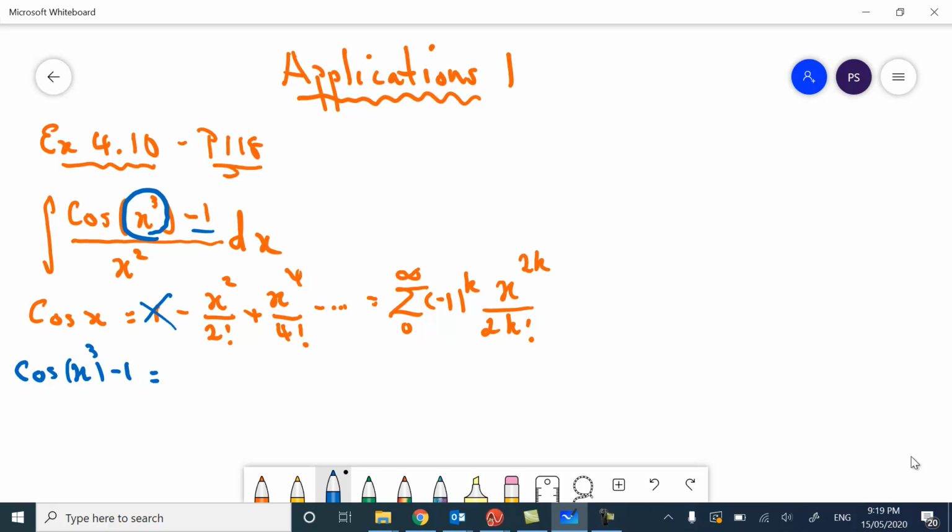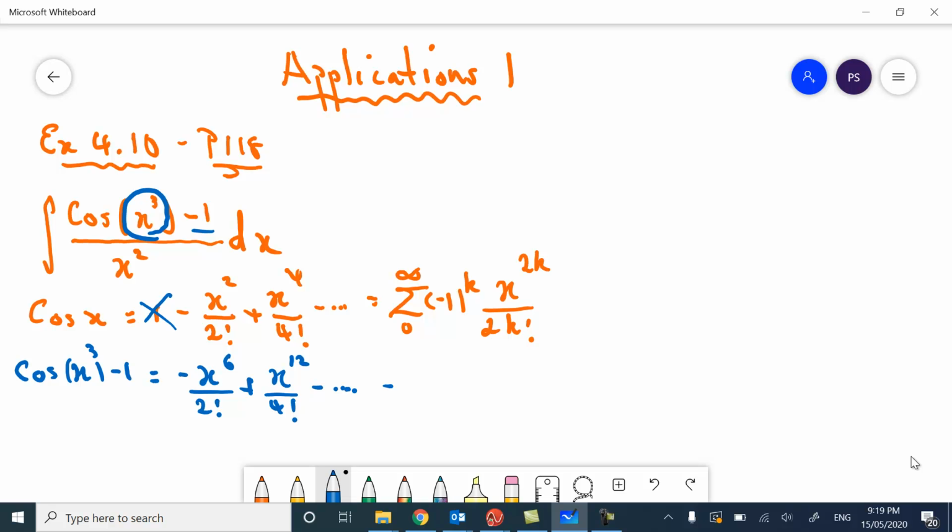So my first term becomes minus x cubed squared, which is x to the power of 6 on 2 factorial. X cubed to the power of 4 becomes x to the power of 12 on 4 factorial, and so on, so on, minus dot dot dot.